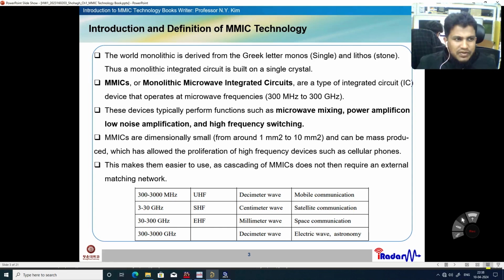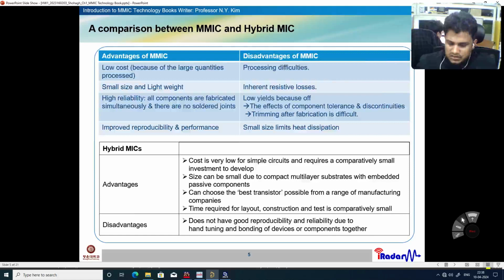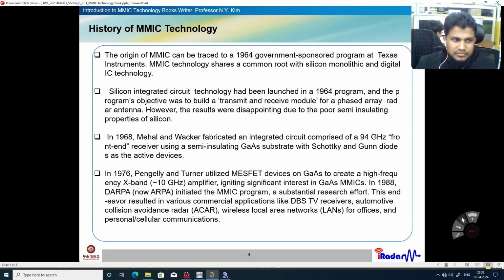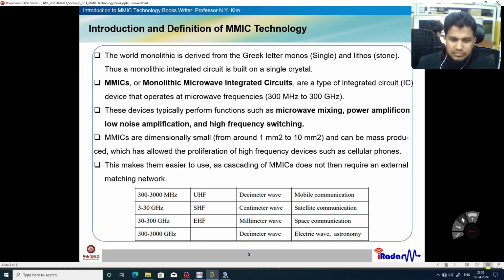So first of all, I want to give the definition and introduction of MMIC technology. Before telling about MMIC, first we can talk about MIC technology, that is, microwave integrated circuit.